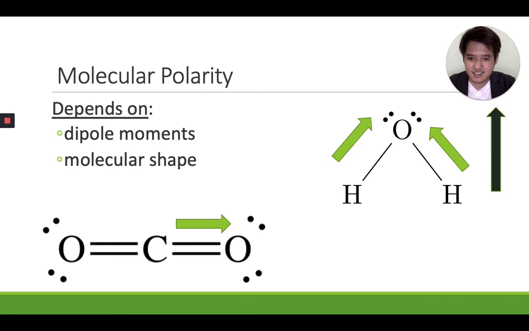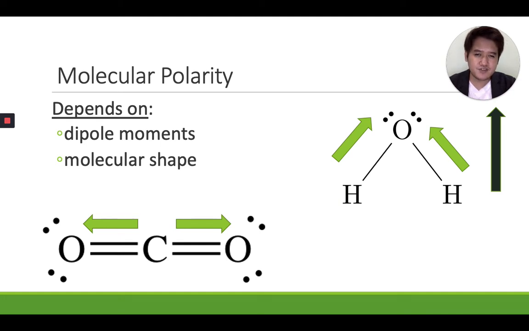This is our first case, and in this part there is another dipole moment going towards the other oxygen atom. You know that they are of equal magnitudes because they are the same atom, but they are opposite in direction.